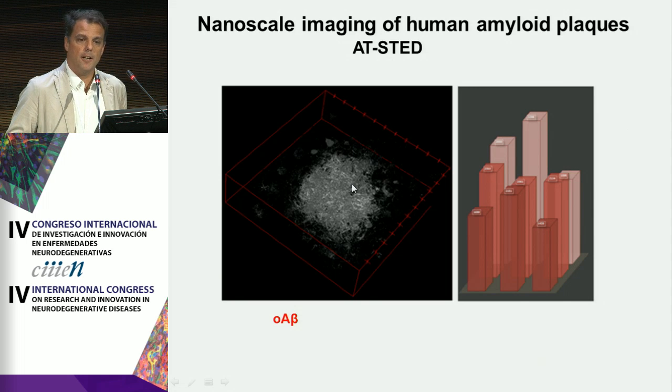We can quantify the different regions of the plaque. There have been different papers saying that there are hotspots in the plaque that may be important, especially from the microglia perspective and for synaptic damage. So we are quantifying the different regions of the plaque.